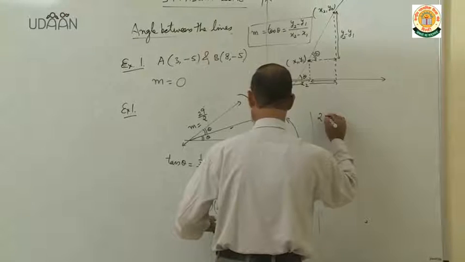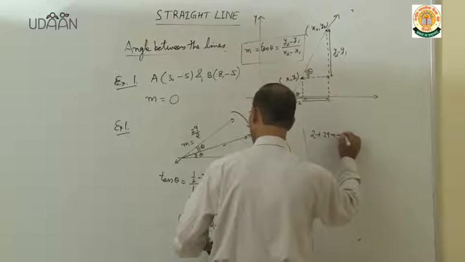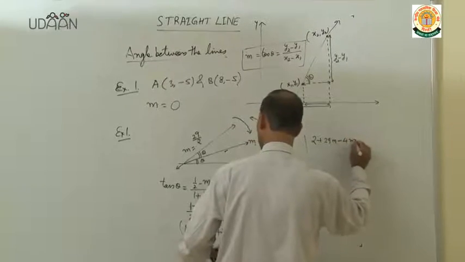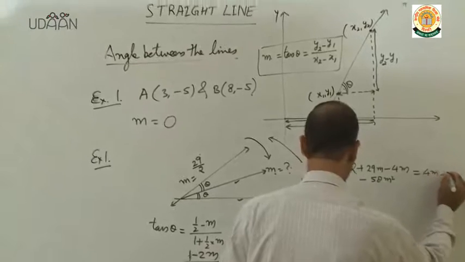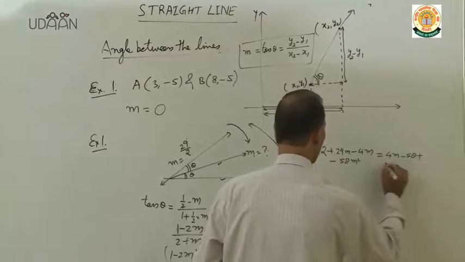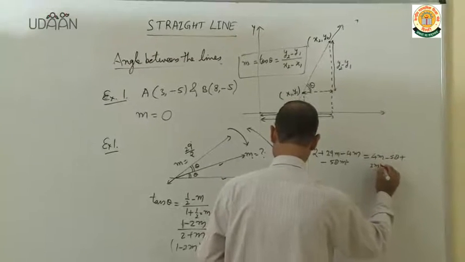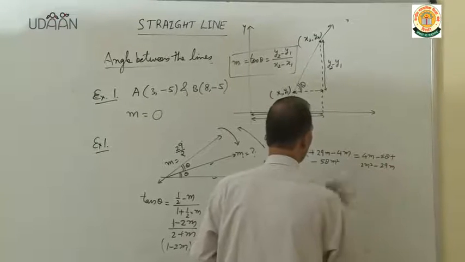After multiplication, you will get 2 plus 29m minus 4m minus 58m square. And on the right hand side, you will get 4m minus 58 plus 2m square minus 29m.